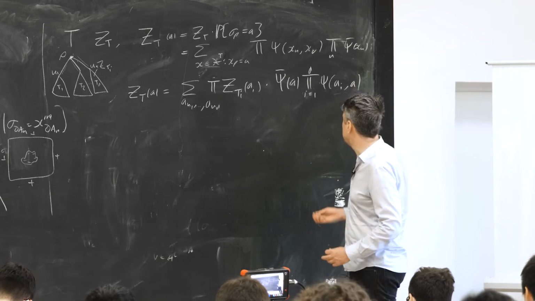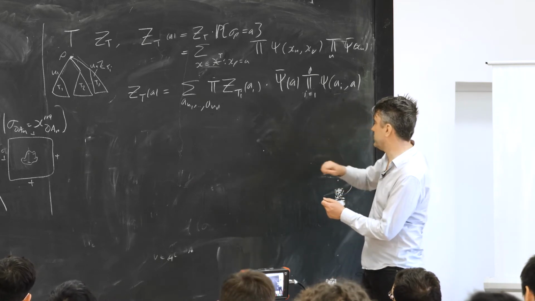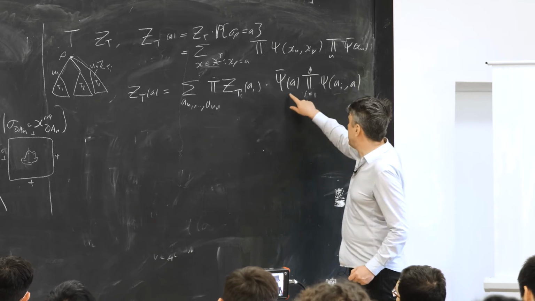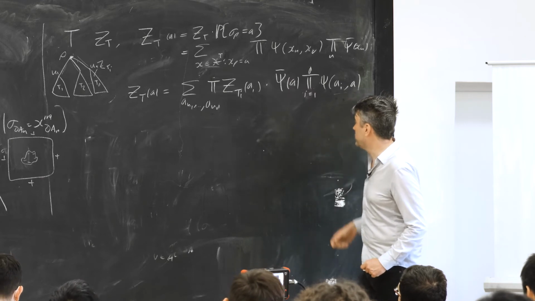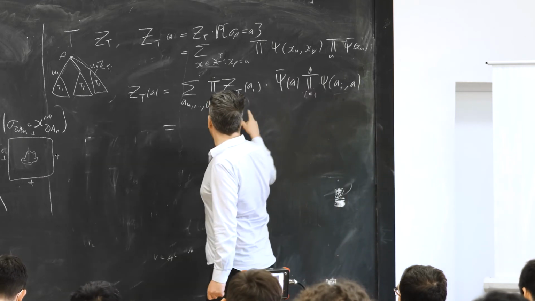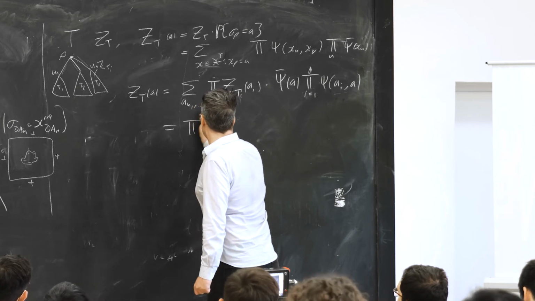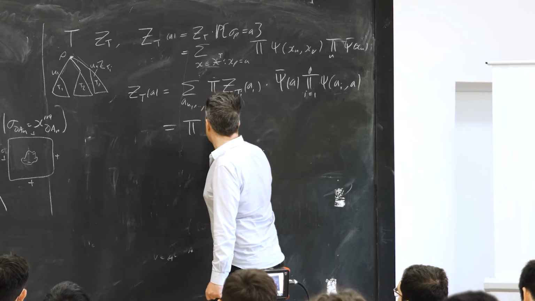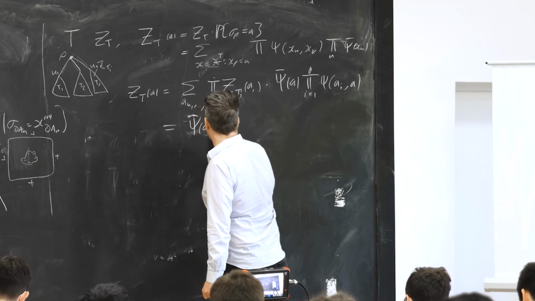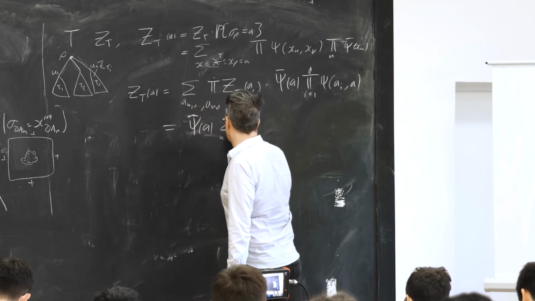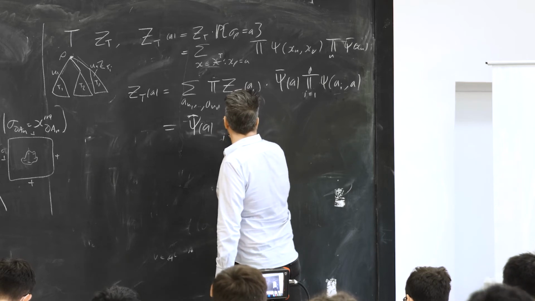This is the effect of each of the edges from the root to its children, and this is the contribution I get from making the root A. I could rewrite this as psi bar of A times the product over i from 1 to d.